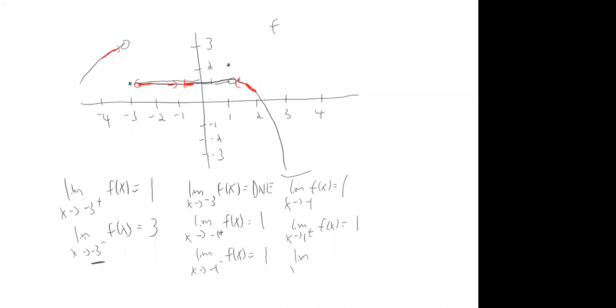And then limit x goes to 1 from the left. What is that? Yeah, it's also 1. So I'll put in red. So you see that limit x goes to 1 of f of x is 1.